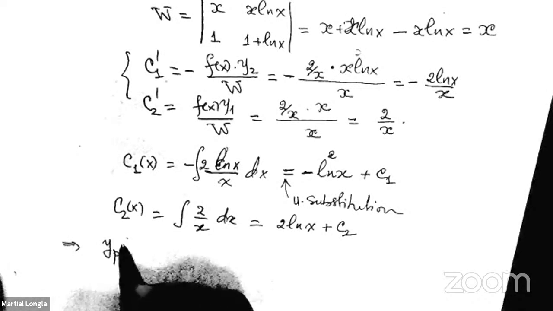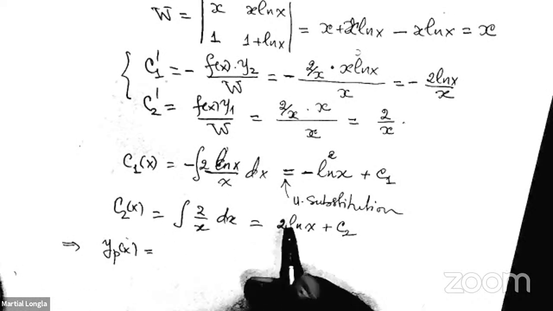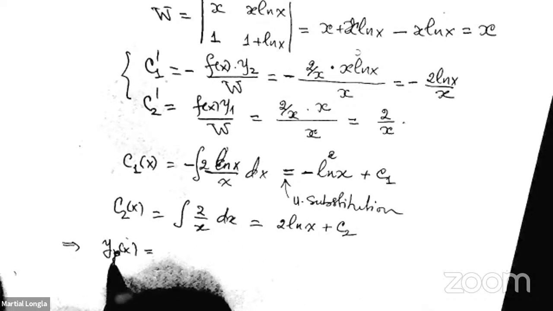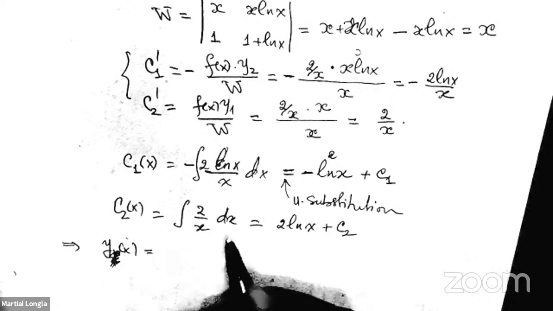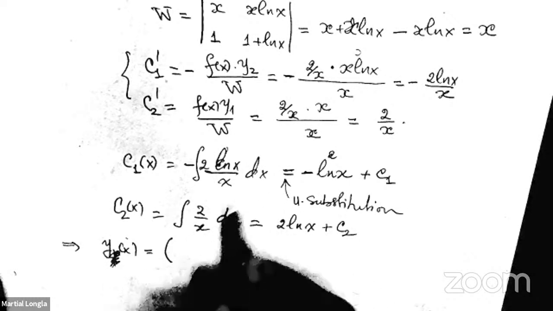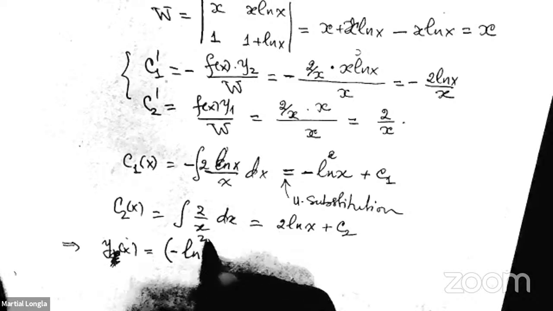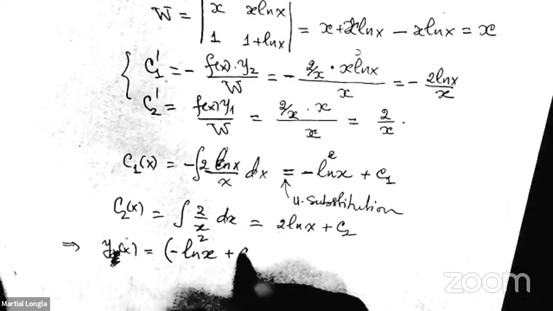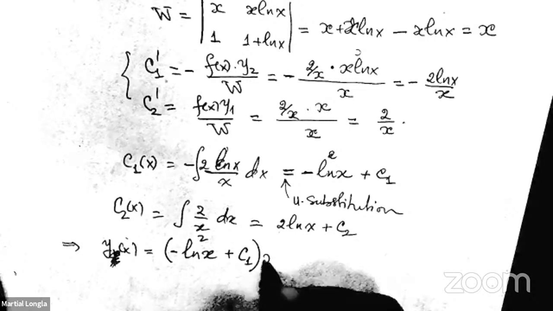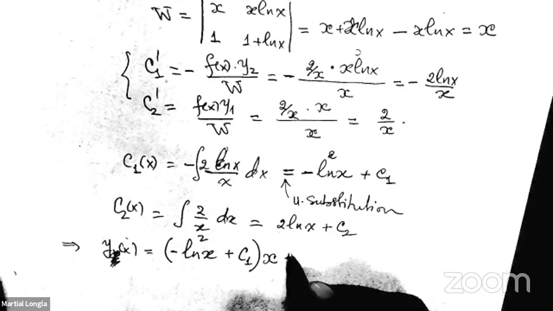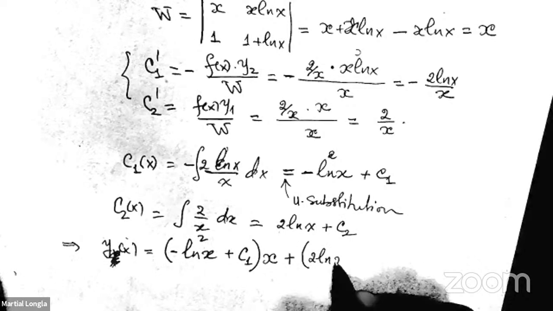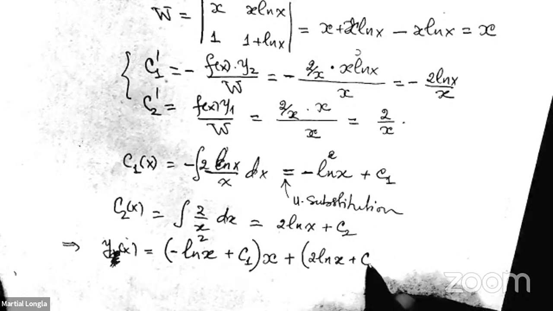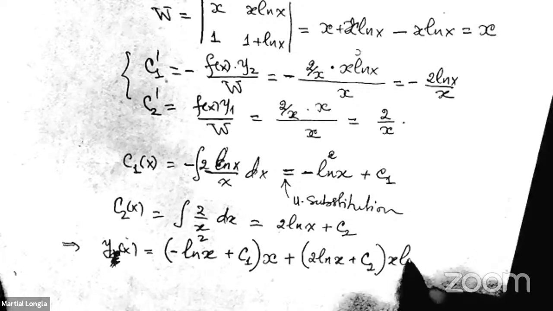You get yp of x equals, or just y of x, actually, because we already have the constants included. That's negative ln squared of x plus C1, times x, plus 2 natural log of x plus C2, times x natural log of x.